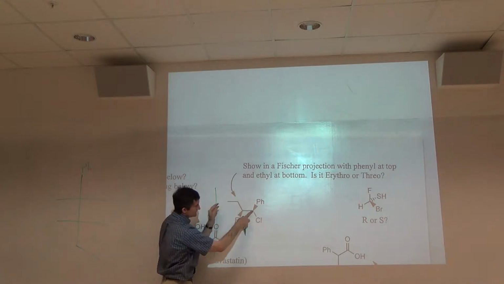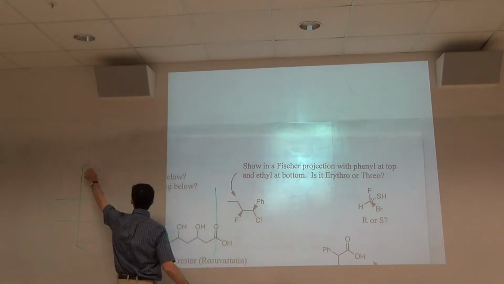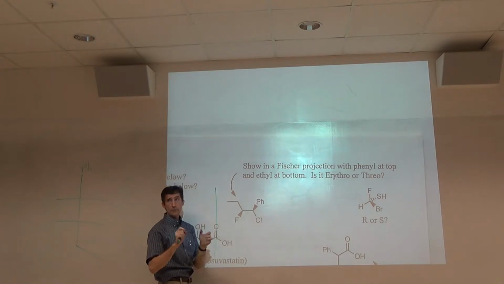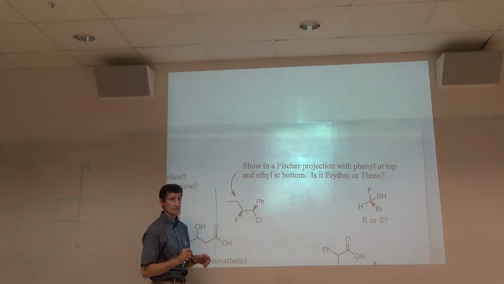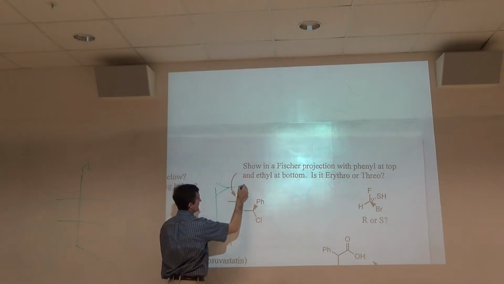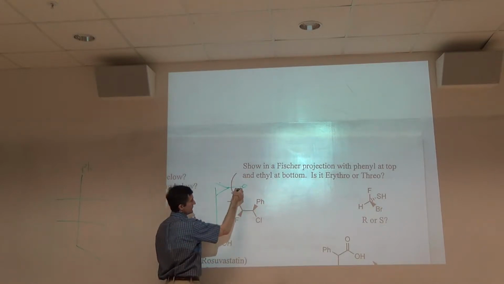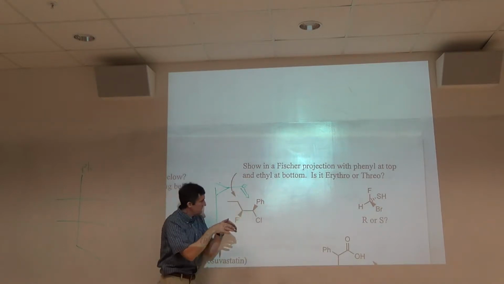I want to look at this carbon. Let's see. How can I look at this with the phenyl going away from me? Because that's what that means, phenyl going away. I've got a little problem here because the phenyl's not in the plane. If I stand over here on the ground and look through there, what's going away from me?